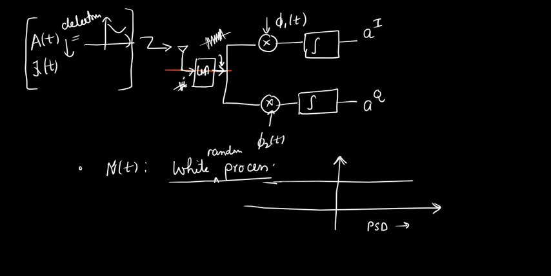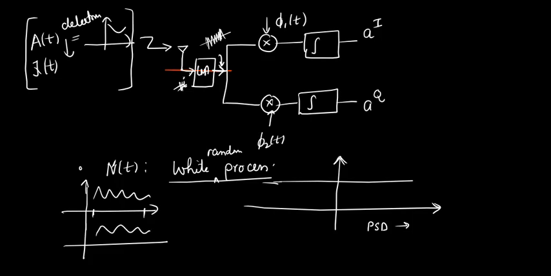But the random process, we don't know its nature. If you measure the noise for this duration, and again from this window, you take a window, you measure the noise. Noise can be anything. You cannot say what is the noise, right? So if you want to see the frequency content of this, you cannot take Fourier transform.